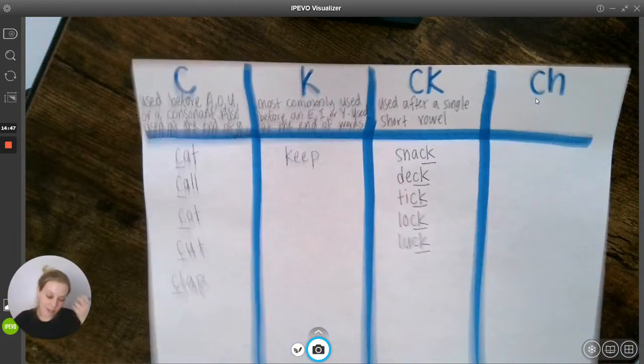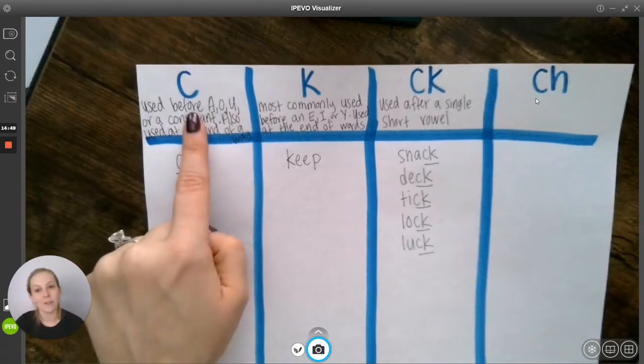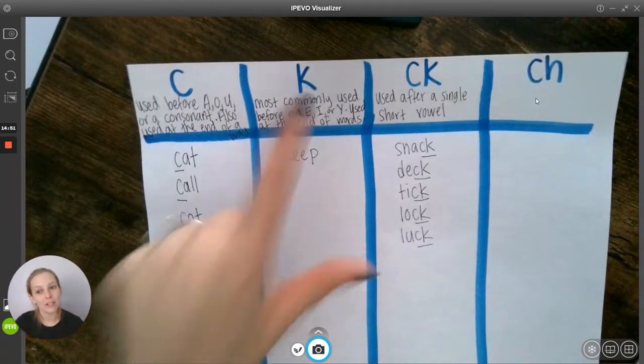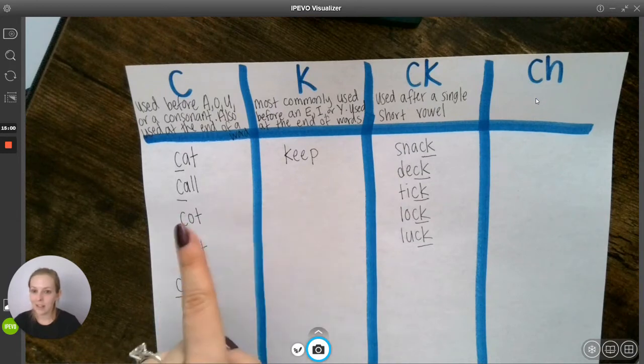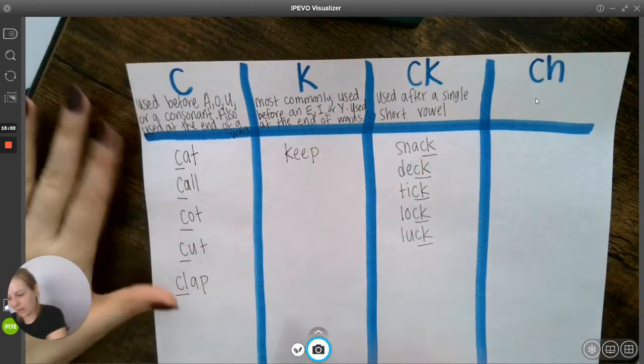So I'm going to give you another word, and I want you to tell me if it'll go here or here. The word is sky. Where will sky go? It'll go here. Let's write it down.